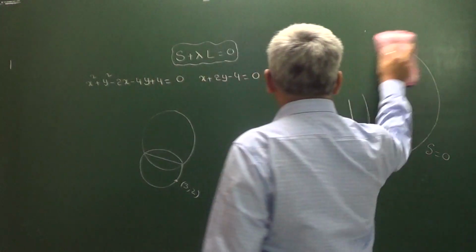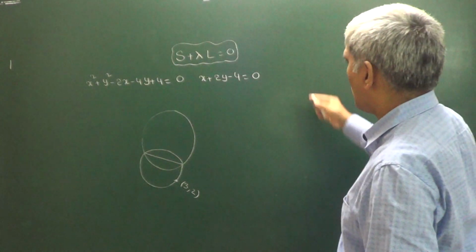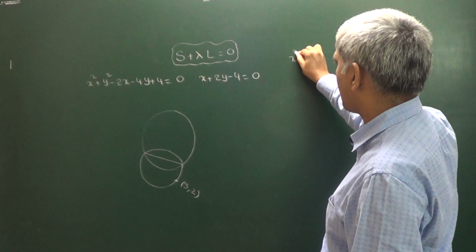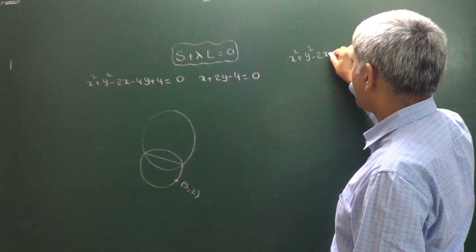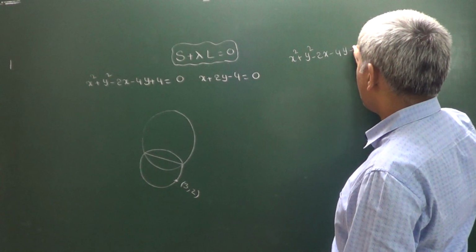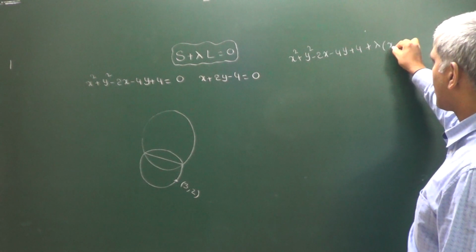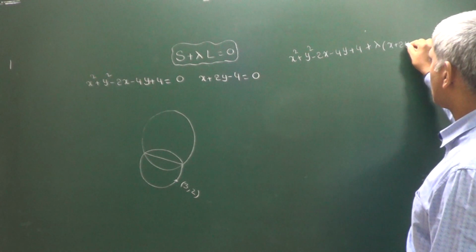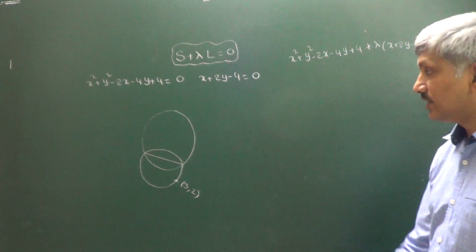So observe here, according to S plus lambda L equal to 0, what is the circle equation? x square plus y square minus 2x minus 4y plus 4 plus lambda into x plus 2y minus 4 equal to 0. That is the equation of a circle.